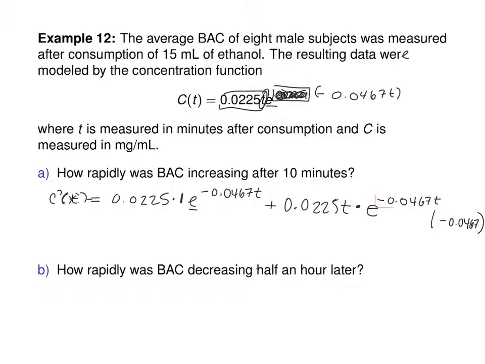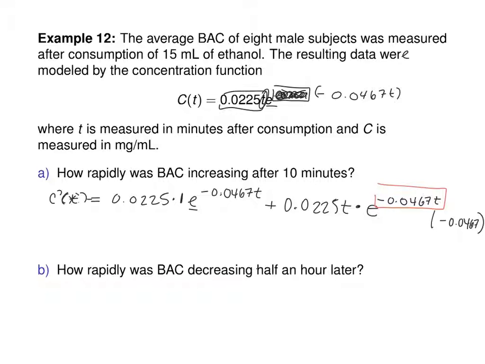Whenever you have something inside of a function that's not just t or x or y, you have to use the chain rule. That's how you can tell. If the something inside your function is something different than just a singular variable, then you have to use the chain rule. You see what I mean?